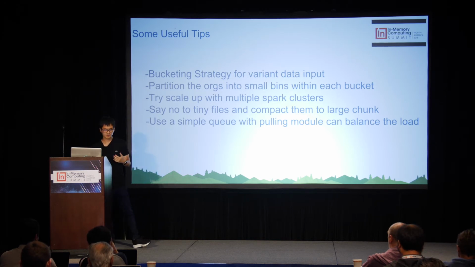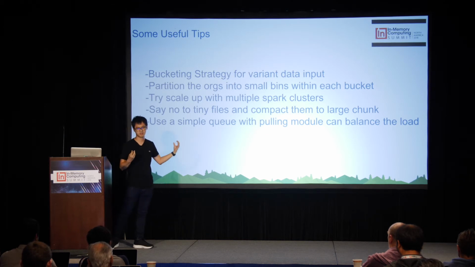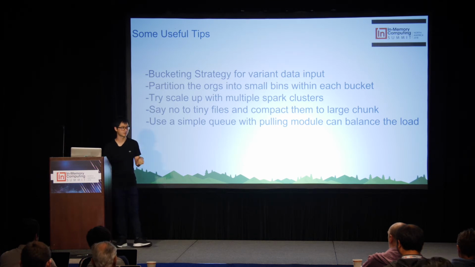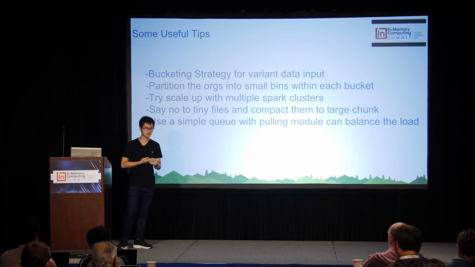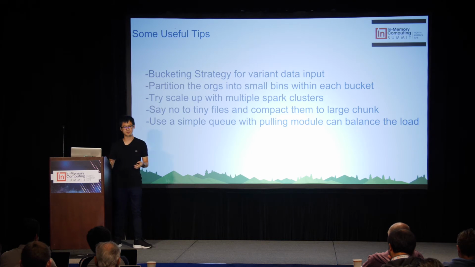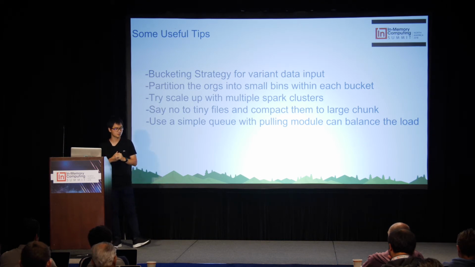And if we see hotspot issues in the downstream jobs, we can try to balance the load across multiple workers. If we can use a single queue and let the downstream workers pull from this queue, it can definitely help.